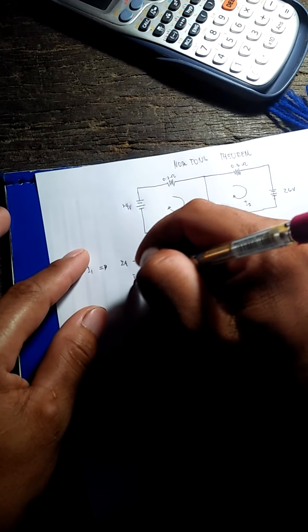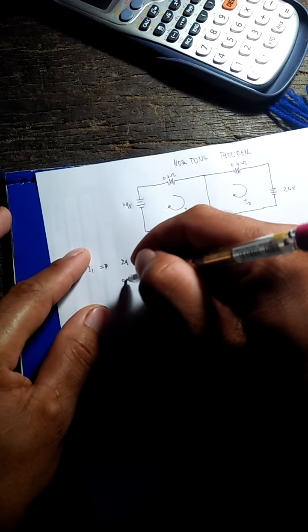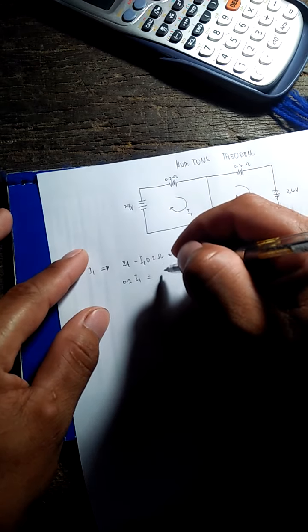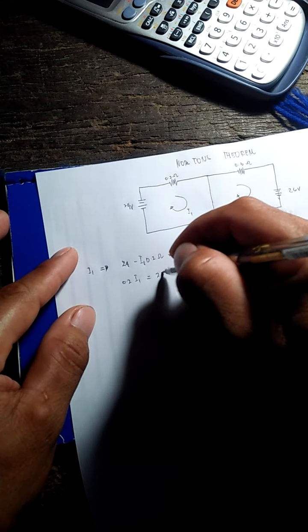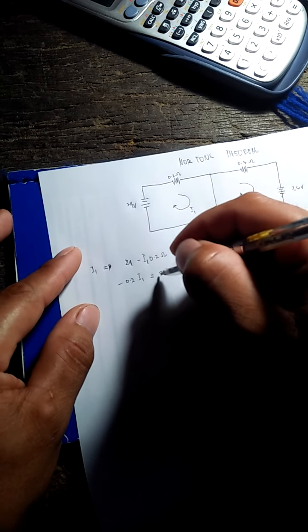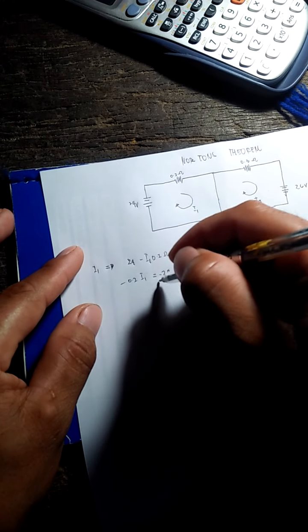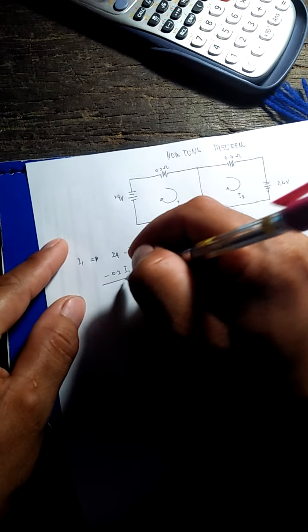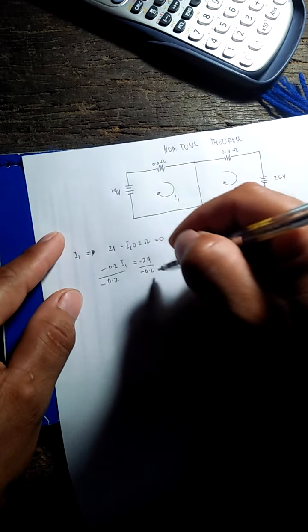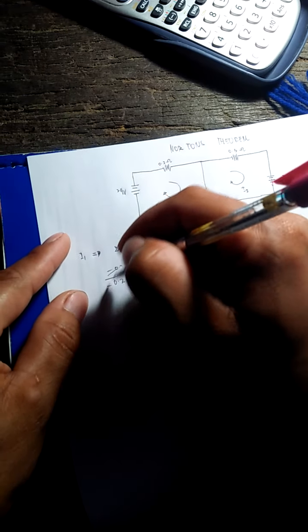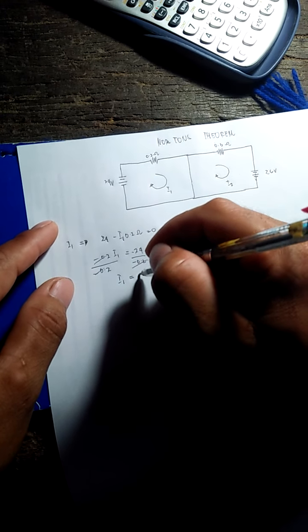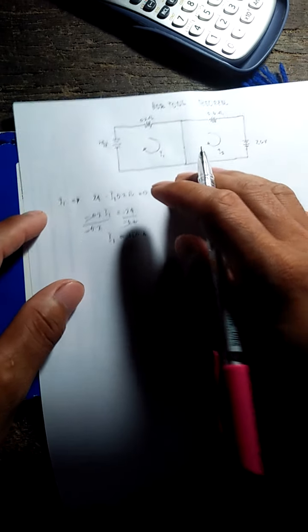So 0.2 I1 is equal to positive 24. This is negative, so this is negative 0.2, divide both sides by negative 0.2, cancel out, so I1 is equal to 120 ampere.